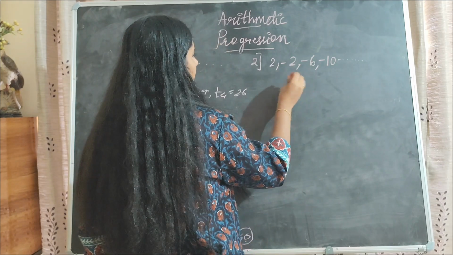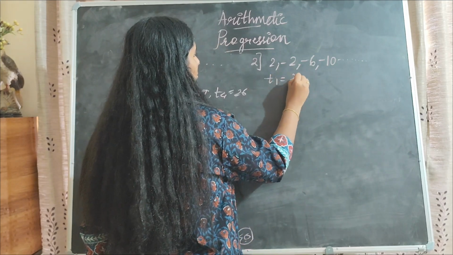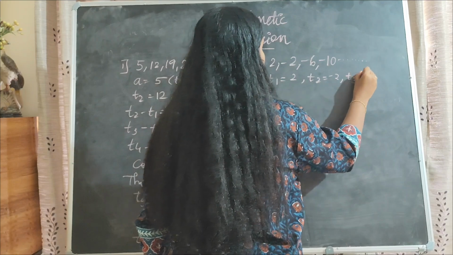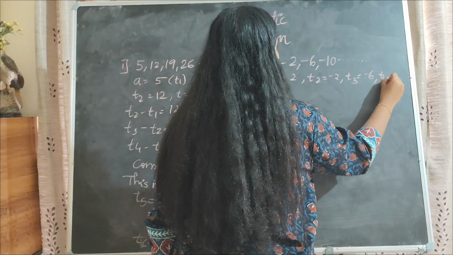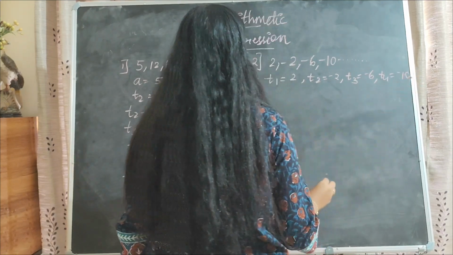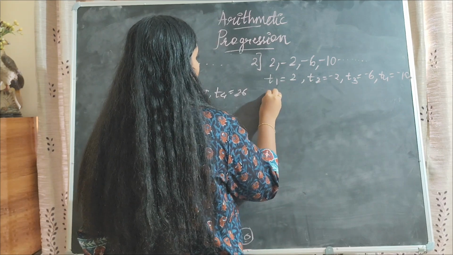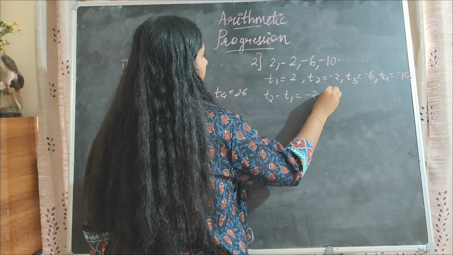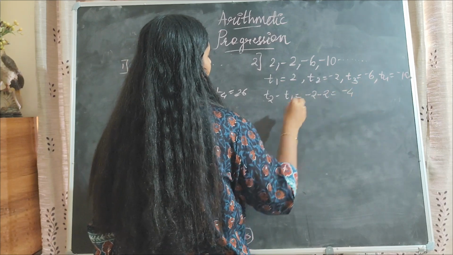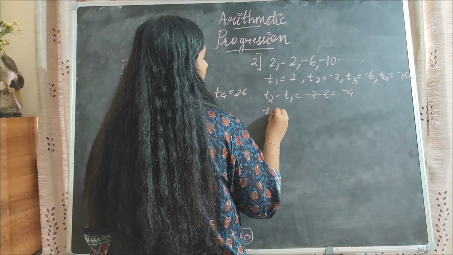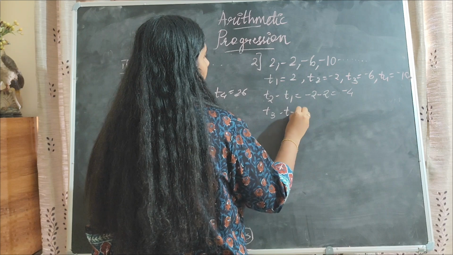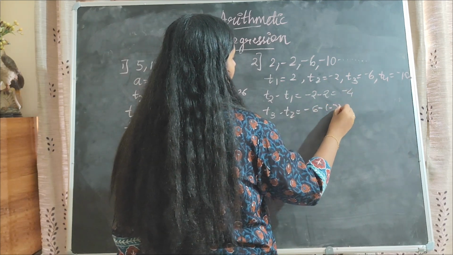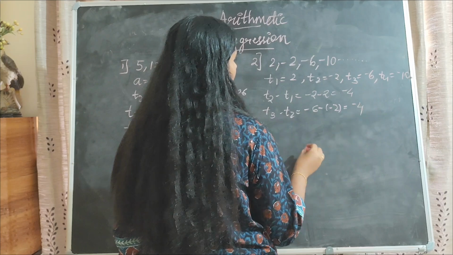Now in this one, T1 is given as 2, T2 is minus 2, T3 is minus 6 and T4 is minus 10. Now you have to check if there is a common difference. T2 minus T1 is minus 2 minus 2, which is minus 4. Next, T3 minus T2 is minus 6 minus of minus 2, which is again minus 4.